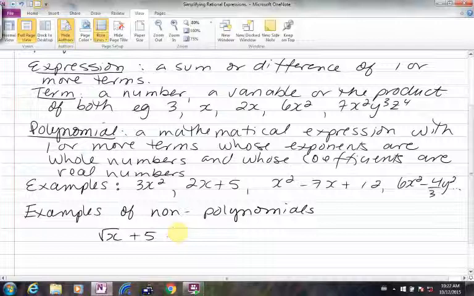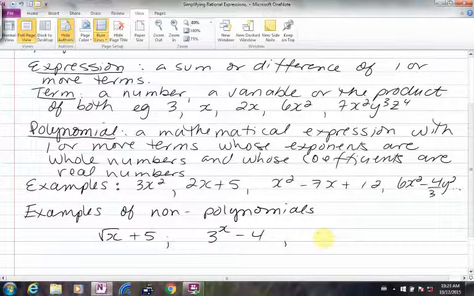Okay, that's not a polynomial, because what would the exponent be for x if we wrote that as a power instead of as a radical? 1/2. 1/2 is not a whole number. Therefore, that has an exponent that's not a whole number. It's not a polynomial. Okay? Similarly, you couldn't have x as an exponent, because x can have any value, which would include non-whole number values. Therefore, it would not be a polynomial.